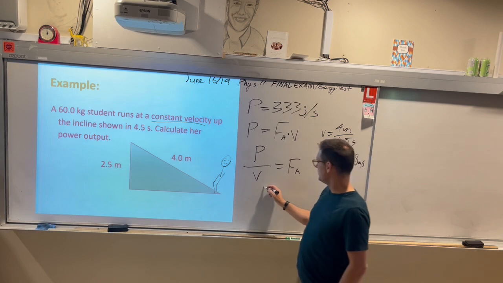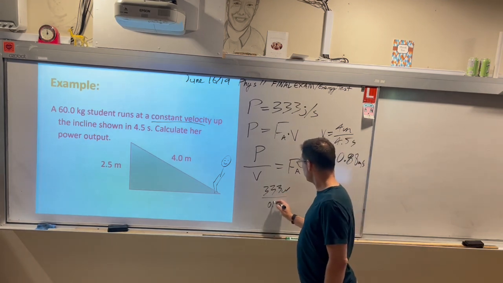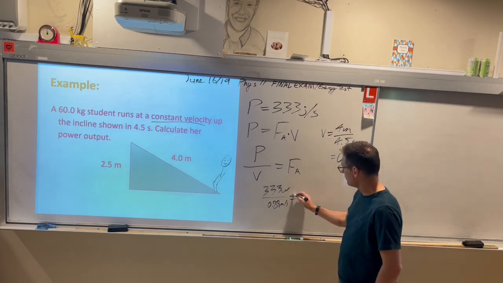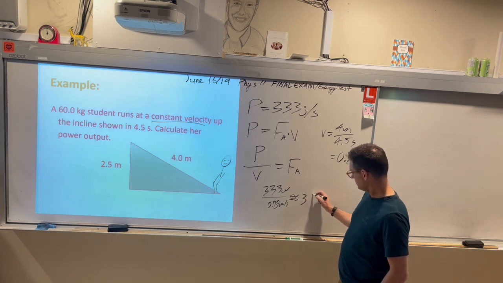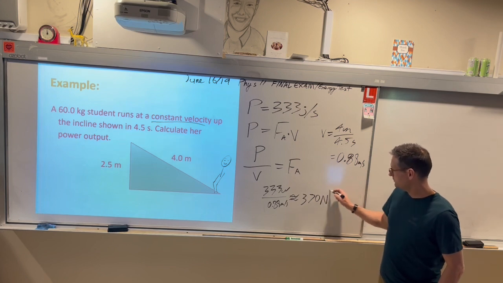And so that would be 333 watts over 0.88 meters per second, and that would be somewhere around 360, 370, and that would be in newtons.